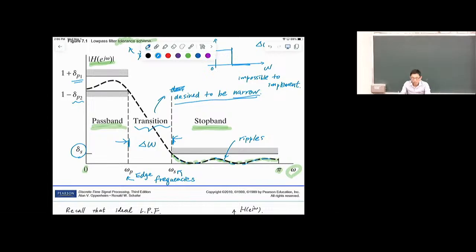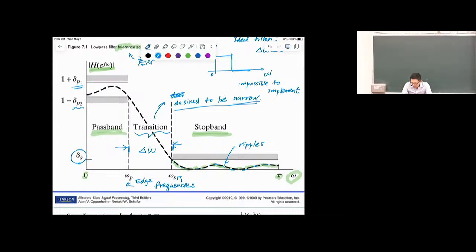Ripples, in Chinese, are the waves produced by fluctuation. So the response inside the passband will never be ideal as a constant one. It never will happen, for FIR or IIR. So you need to tolerate some small deviation from your ideal gain of one.